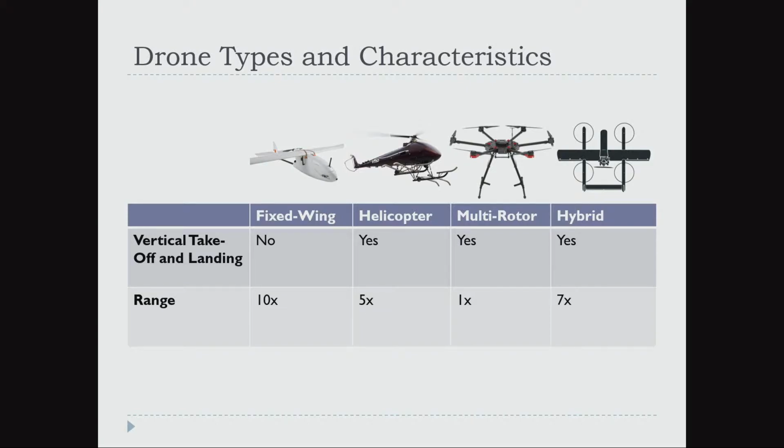This is the one we would prefer, because most hospitals are not built with a football field to allow drones to land. Multi-rotor is like a helicopter on steroids. It's very stable. This is the one they use for shooting movies. Again, the ability to take off and land vertically is very desirable, but it does not go very far. And then a hybrid is a new type of drone which combines qualities of both. We'll talk about them.